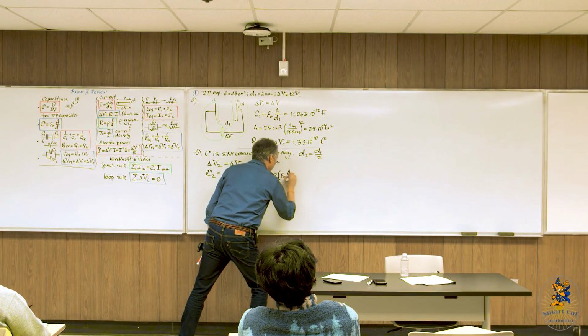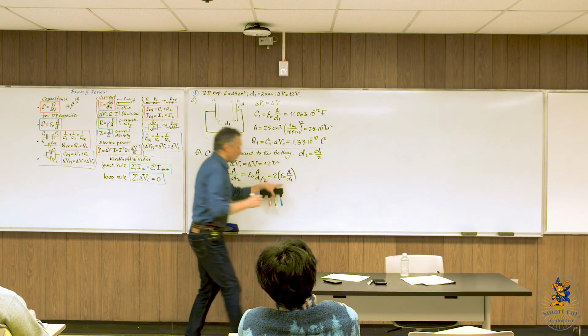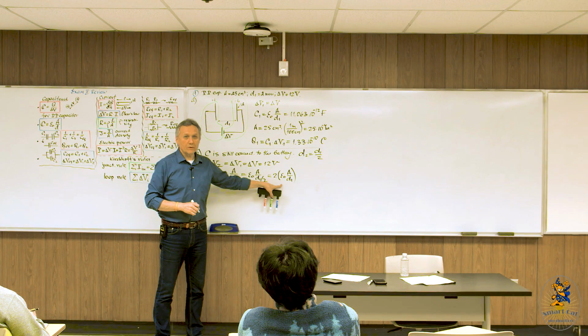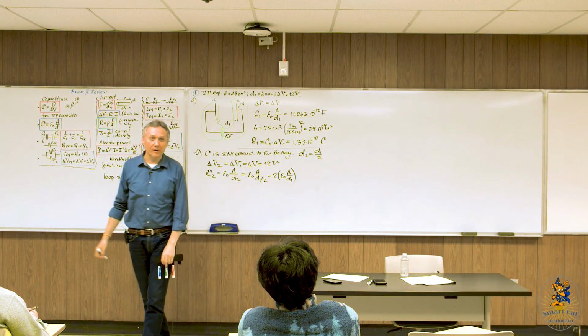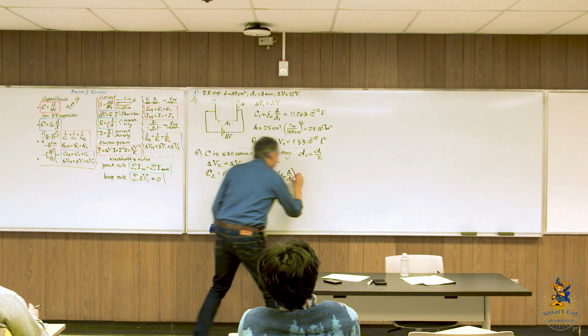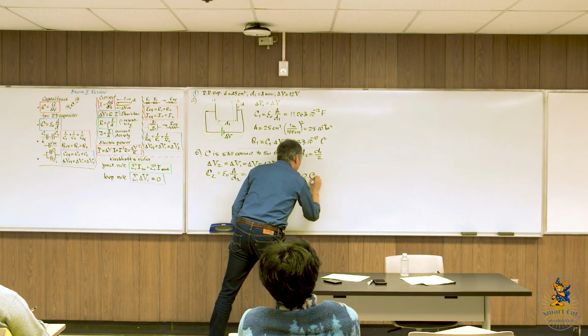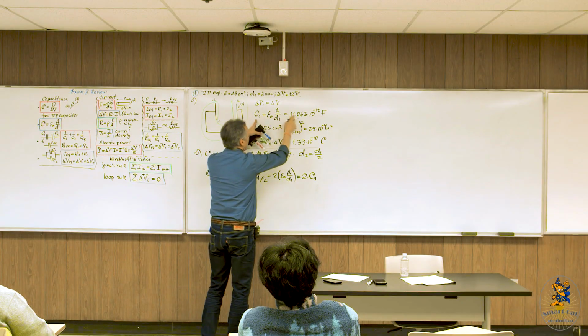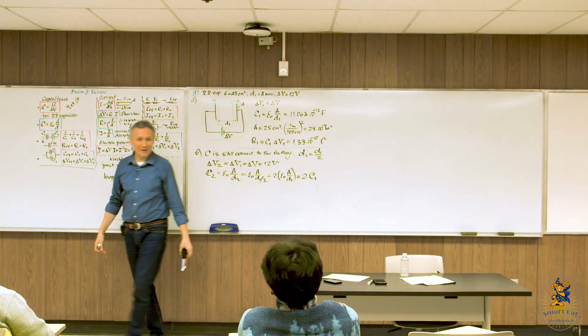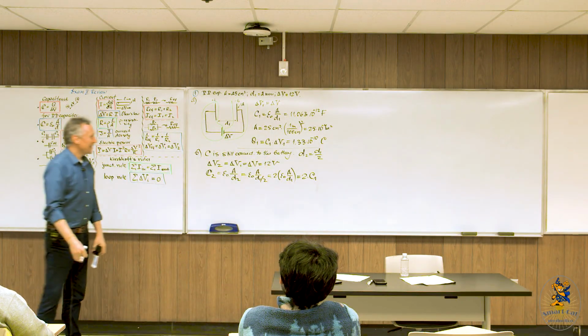Epsilon naught A over D1. What is this? Yeah, it's the capacitance in the first situation. So it's 2C1. Of course, you can just multiply this by a factor of 2, but still, I don't want to do even that. Okay, great.